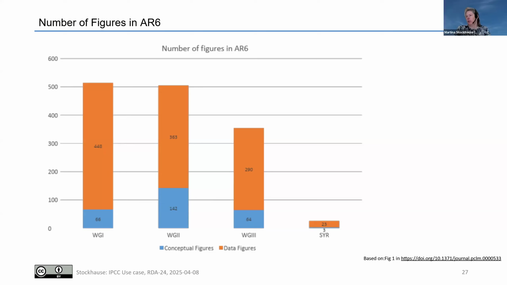If you look across the 3 parts of the report by the 3 working groups, most of the figures are really based on data. The scale is for working group 1 and 2, around 500 figures, and working group 3, a little less, 350, and the synthesis is, of course, a bit smaller.